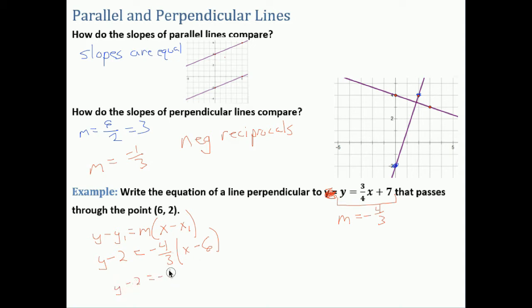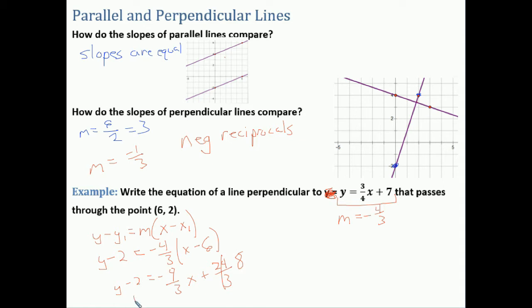So we have negative 4/3 x and multiply this, so this is plus 24/3. I'm having trouble with writing my 4s. Oh, this reduces to 8.